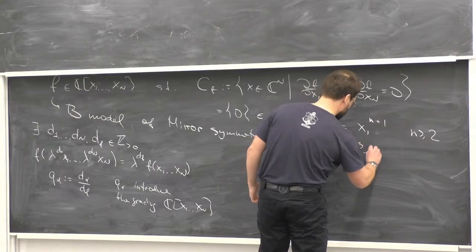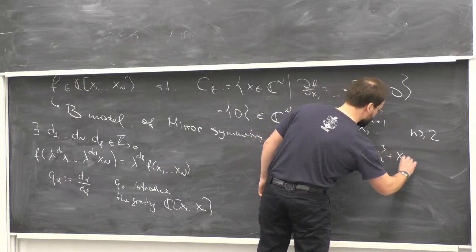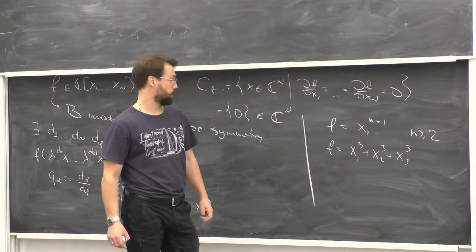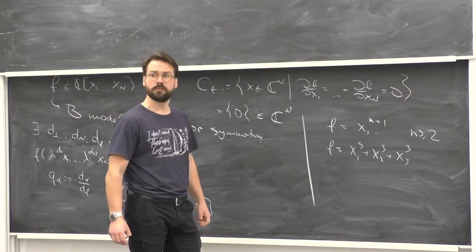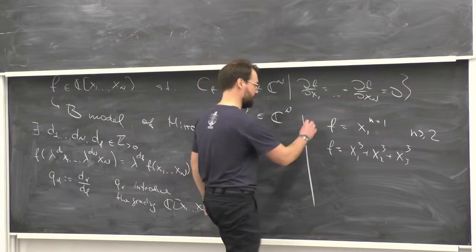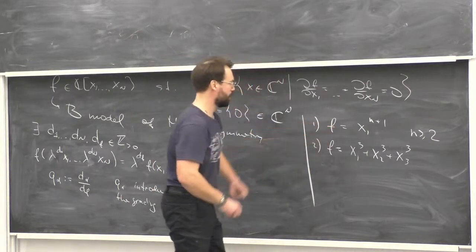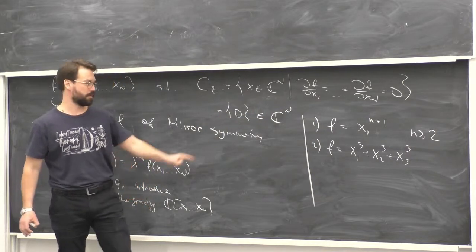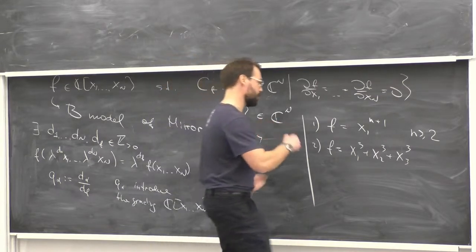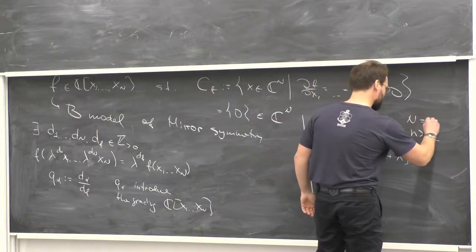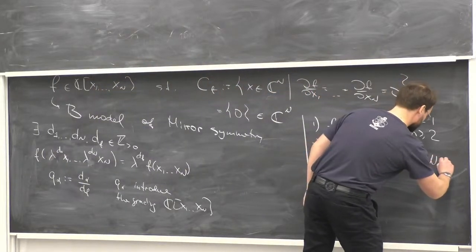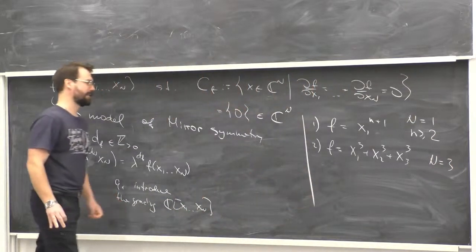This one does not have a unique critical point if the number of variables is larger. Here the number of variables is equal to 1, sorry, I didn't say so. So n capital is equal to 1, and here n capital is equal to 3. That's actually important.